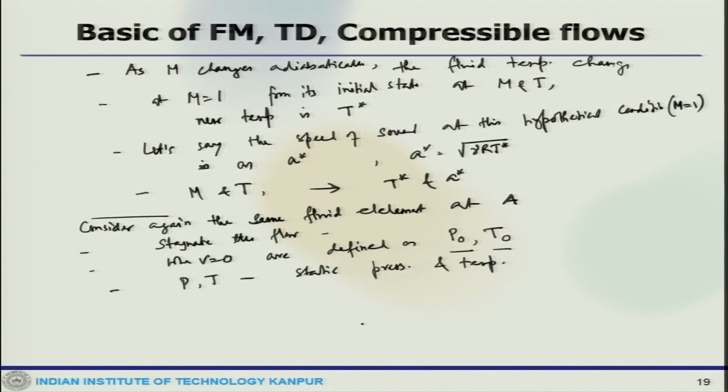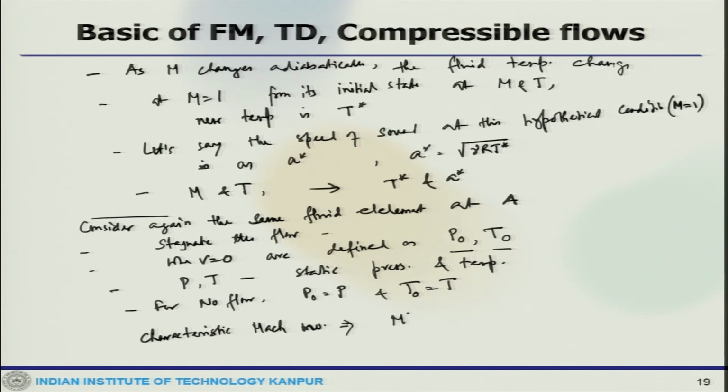For static flow, or no flow, P naught would be P and T naught would be T. So, the characteristic Mach number, which is M star, is V by a star, whereas the real M is V by a.